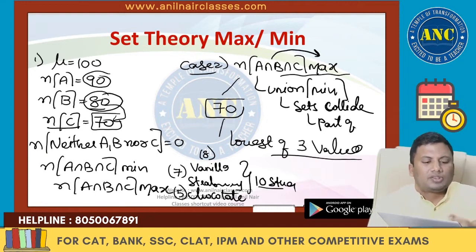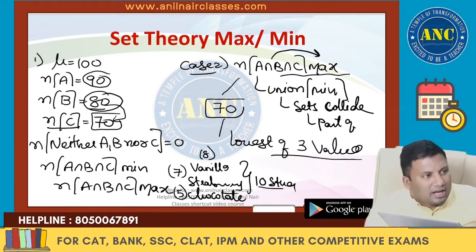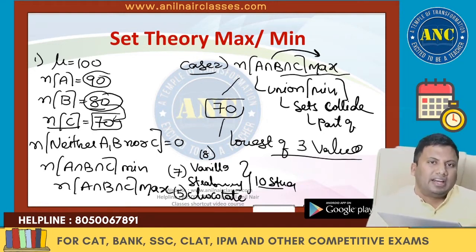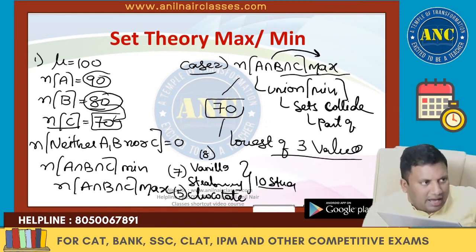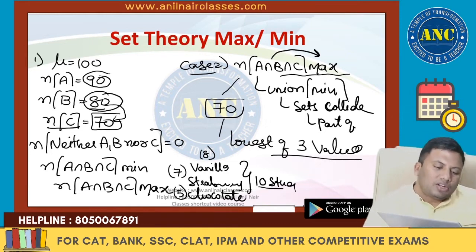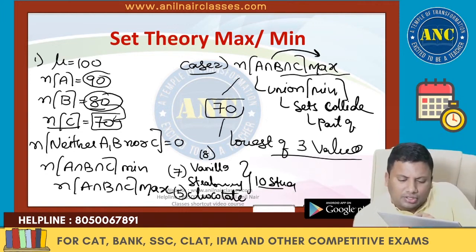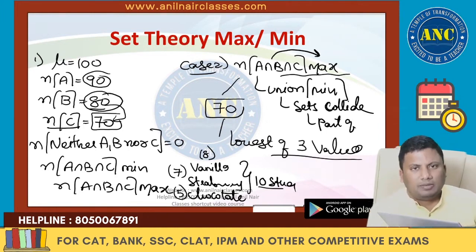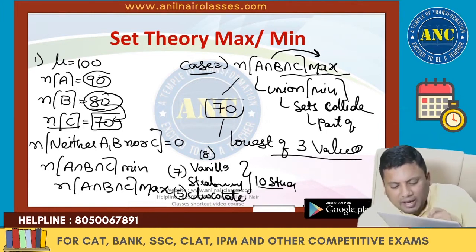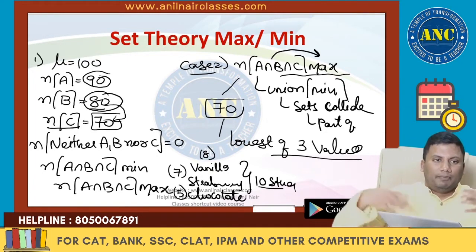So out of 100 students, 90 students like actor A. In that 90, 80 also like actor B, and 70 also like actor C. Thinking mathematically, the intersection is maximum, so the union will be minimum.